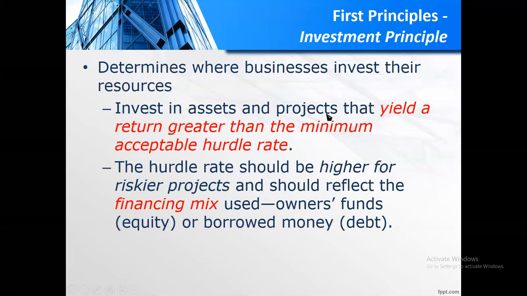Okay, quickly. Sabi dun sa diagram kanina, dapat mag-i-invest tayo sa assets or projects na dapat yung return niya greater than the minimum acceptable hurdle rate. Anong tawag natin dito, guys? What do we call the minimum acceptable hurdle rate? May pangalan tayo dyan. What's the name for this?